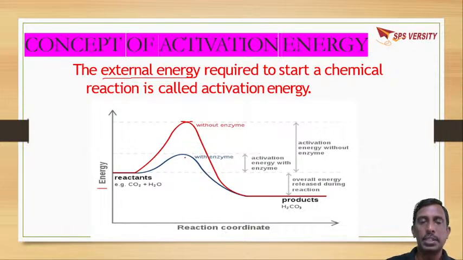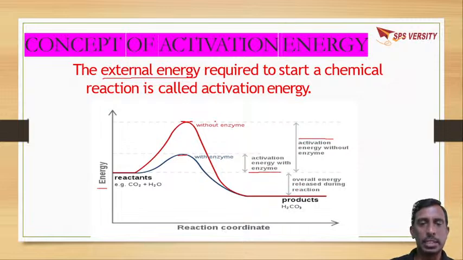In the presence of enzyme, the activation energy level is low. So this is the level of activation energy with enzyme, and this is the level of activation energy without enzyme.